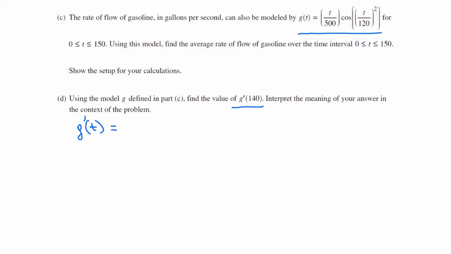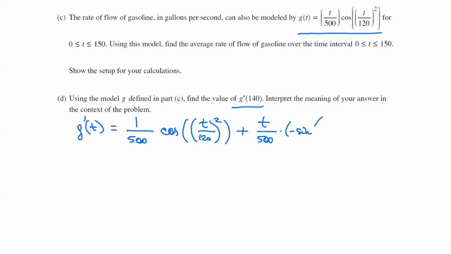Differentiating this function gives 1 over 500 times cosine of t over 120 squared, plus t over 500 times negative sine of t over 120 squared, times the derivative of t over 120 squared, which is 2 times t over 120 times the derivative of t over 120, which is 1 over 120.